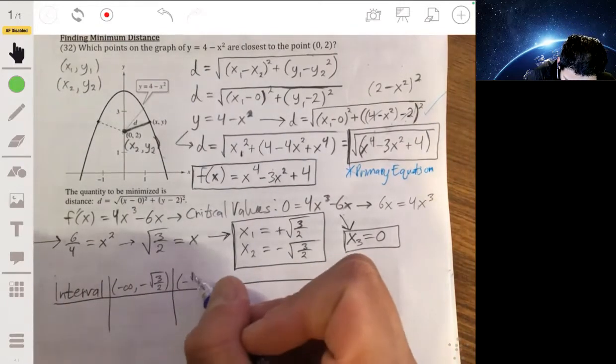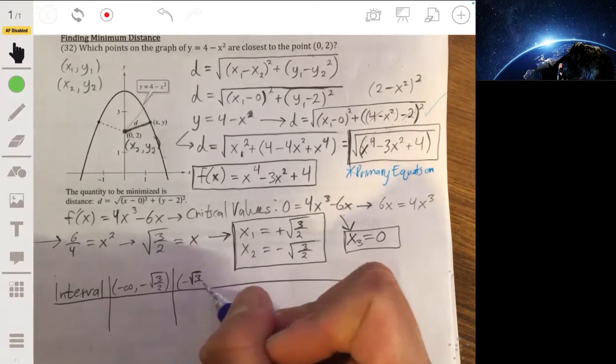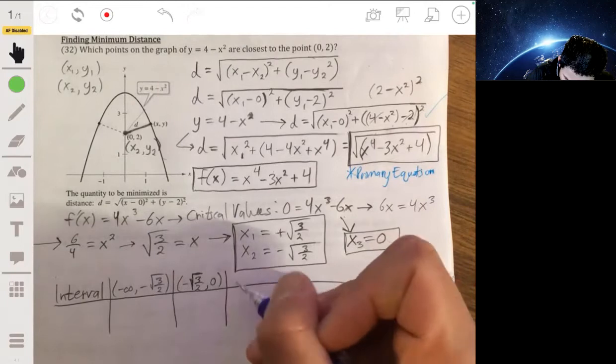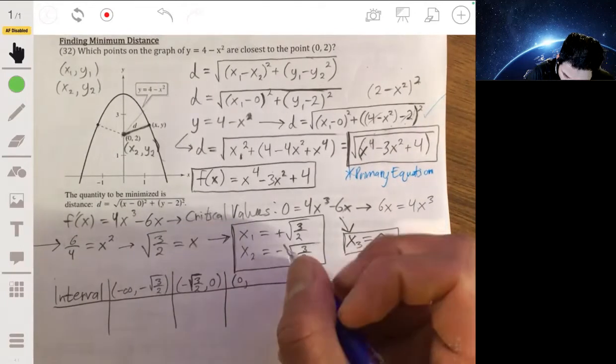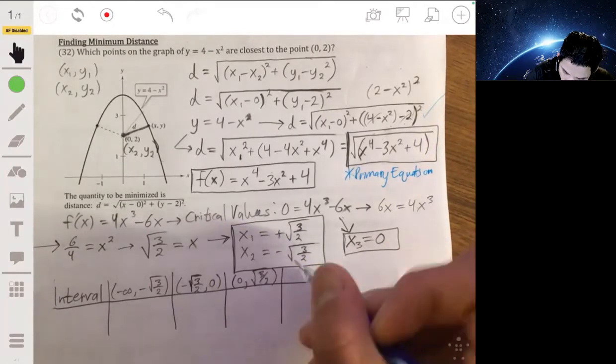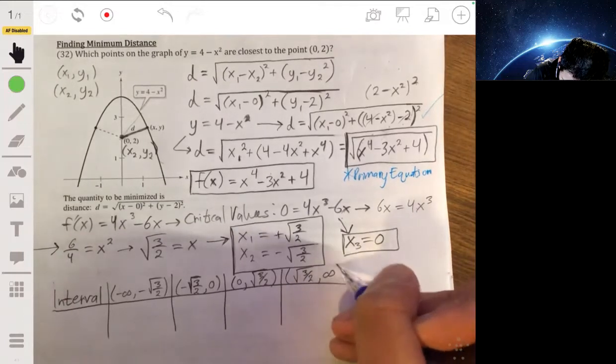So we're gonna go from negative root 3 over 2 to 0, and then from 0 to positive root 3 over 2, and then from root 3 over 2 to infinity.